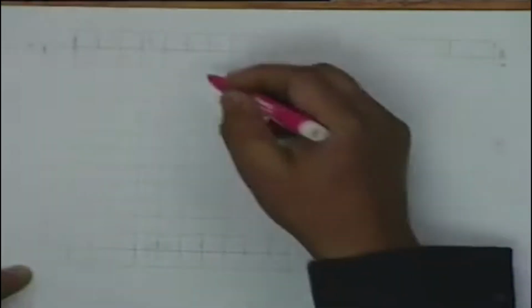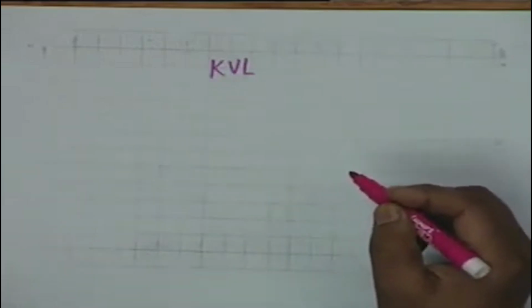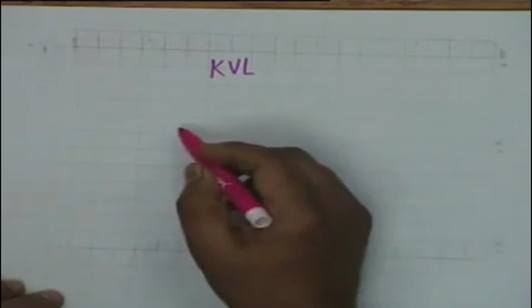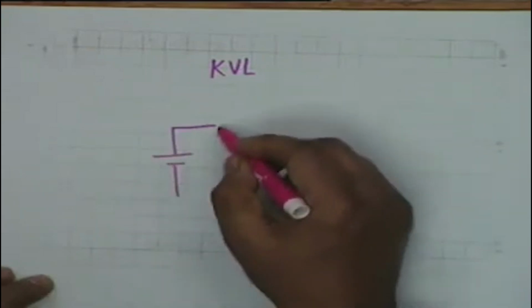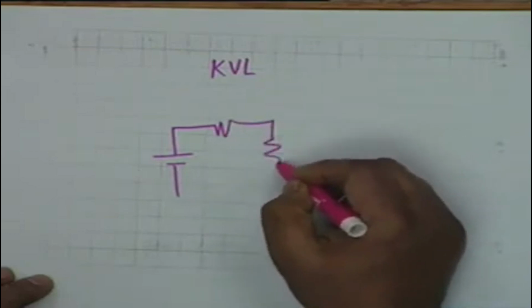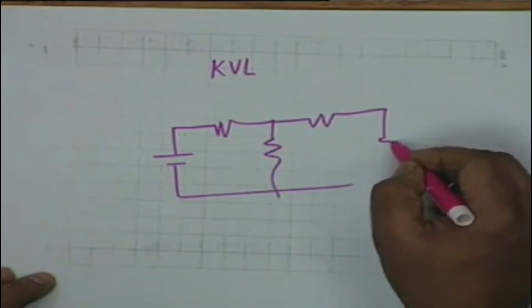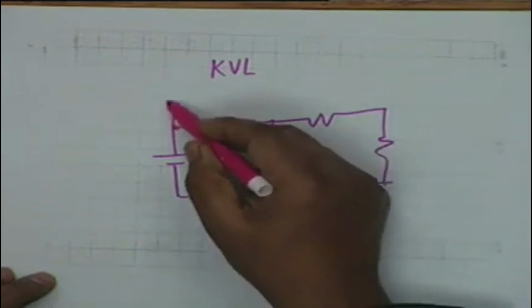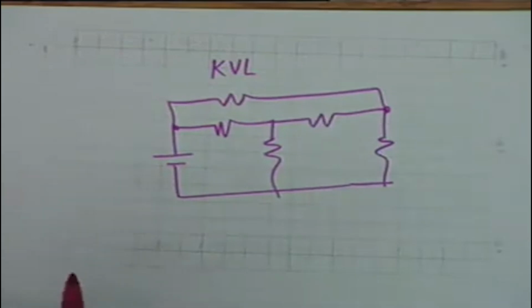KVL on the other hand relates to a closed path. For example, you have, let us say, a battery, a resistance, another resistance here, perhaps a fourth resistance, and perhaps another resistance. This is a network, all right.